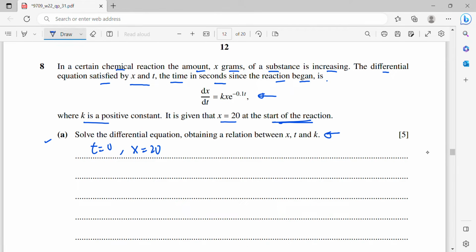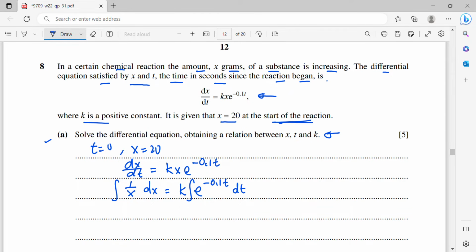So, first of all, I copy the differential equation. Now, we split the variables. So, move the x from the right side to the left side. It becomes 1 over x dx. And then move the dt to the other side. So, I will get k e negative 0.1 t dt. And now, integrate both sides.